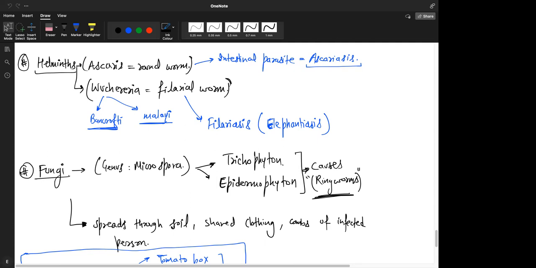Then we take Wuchereria. It has two species. First, Wuchereria bancrofti, and second is Wuchereria malayi.